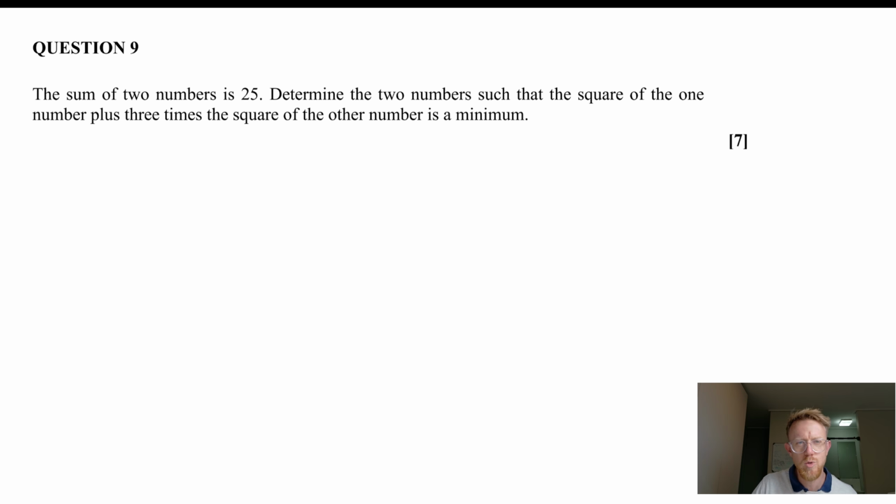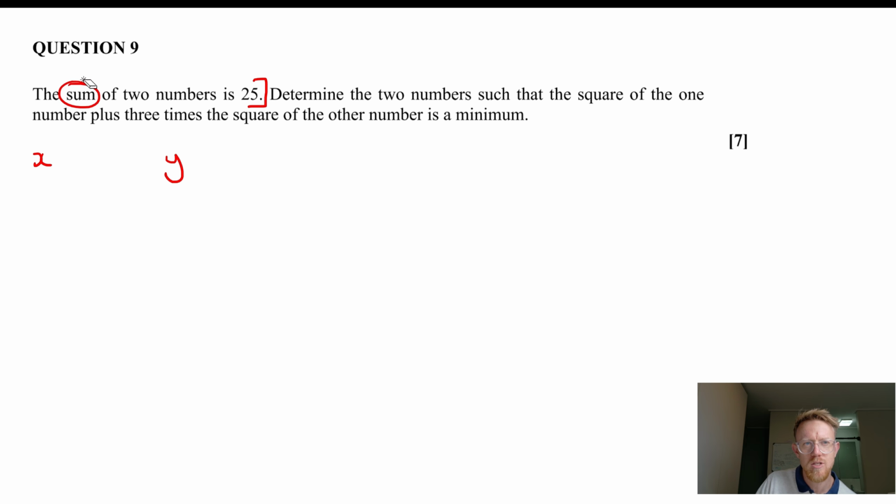The sum of two numbers is 25. Determine the two numbers such that the square of the one number plus 3 times the square of the other number is a minimum. Okay, so it sounds crazy, right? But let's just start at the very beginning here. So we've got two numbers, so let's call them x and y.